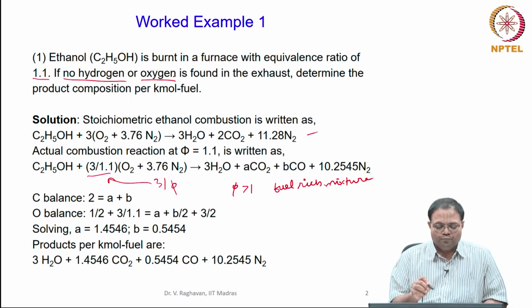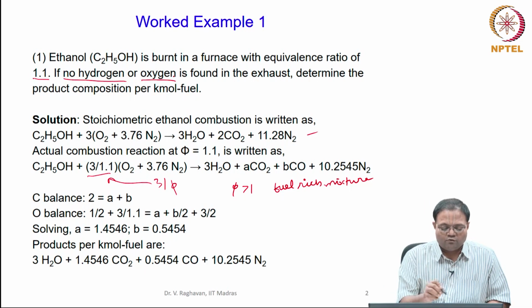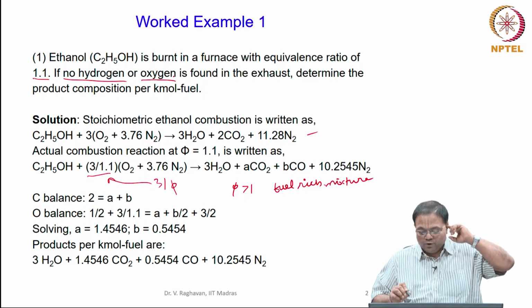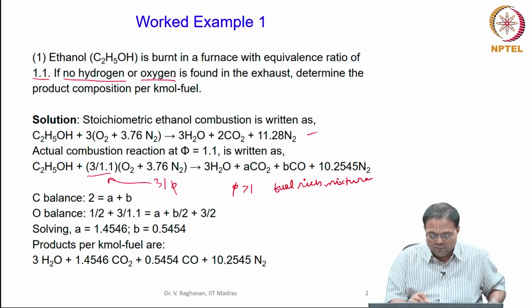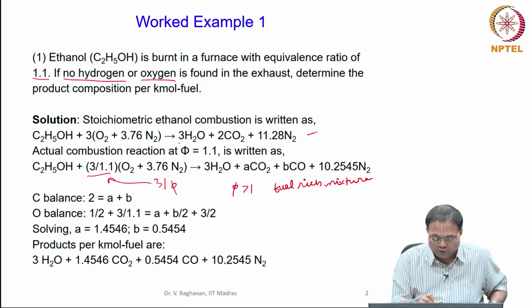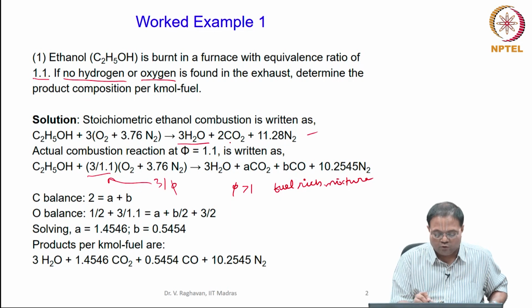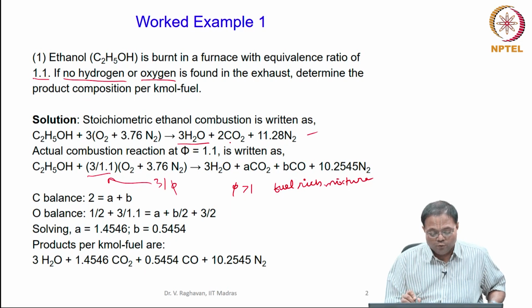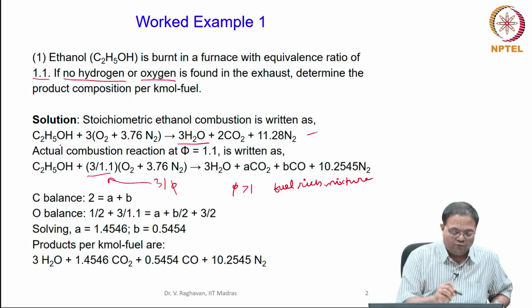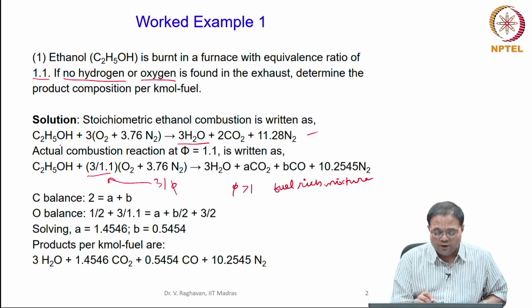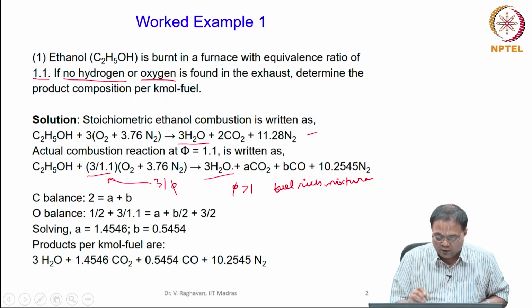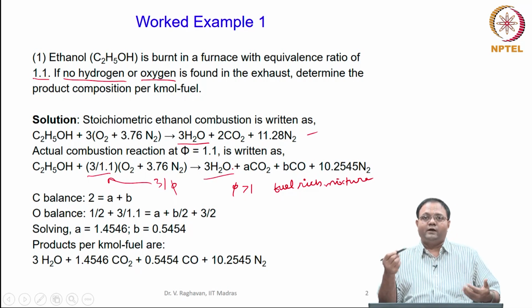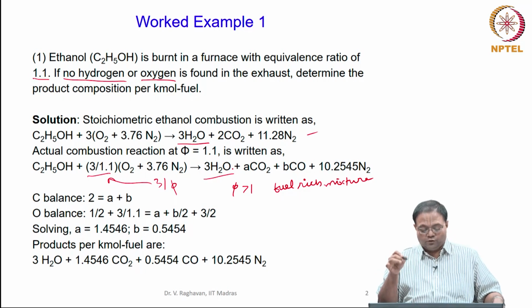Okay, so if the engine exhaust has no hydrogen or oxygen left, what you should write is here you will form all the H2O. For example, in stoichiometric condition, you see that for 1 mole of ethanol, 3 moles of H2O are formed. Similarly, in this rich combustion also, first hydrogen is fully consumed, it takes all the oxygen required for its oxidation.